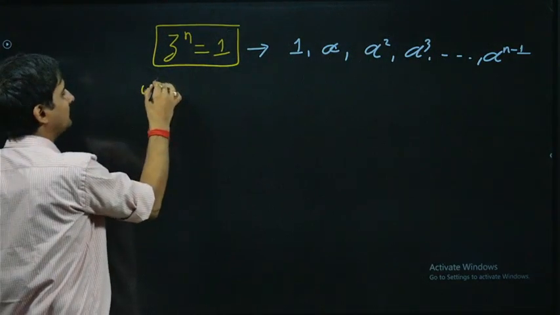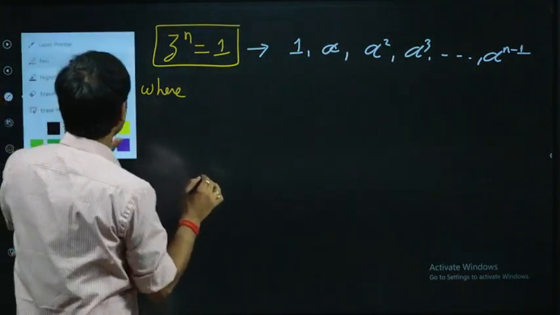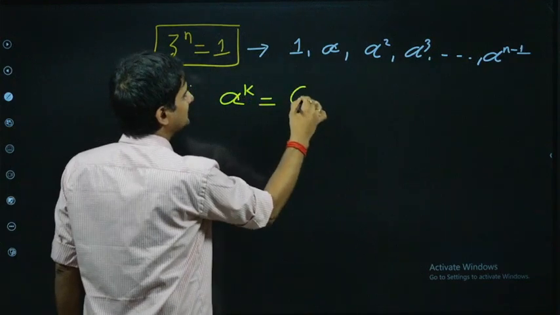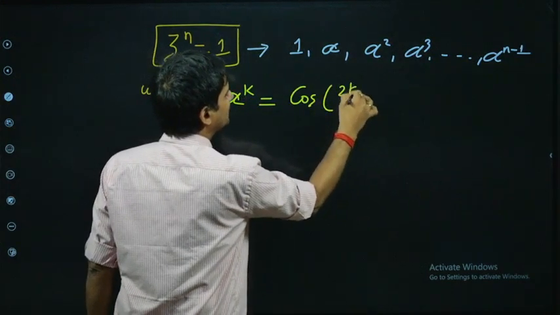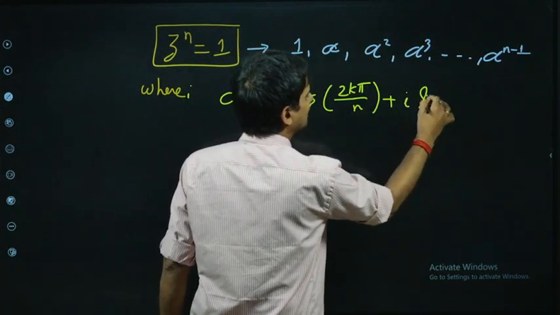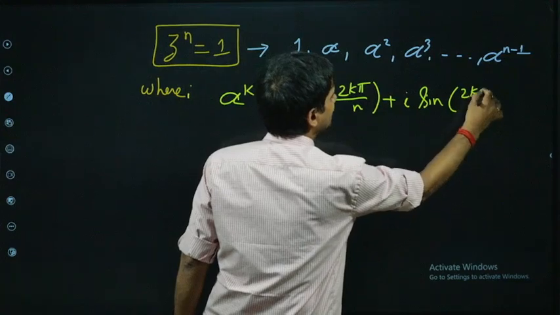In general we say that alpha raised to the power k is cos of 2k pi by n plus iota times sine of 2k pi by n.